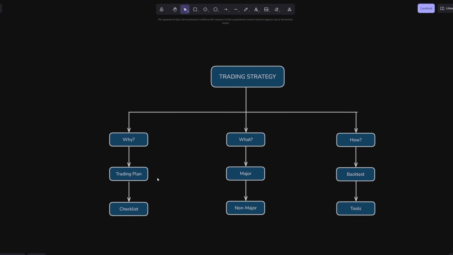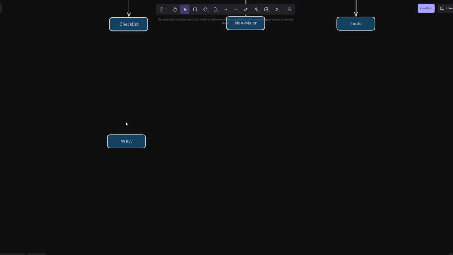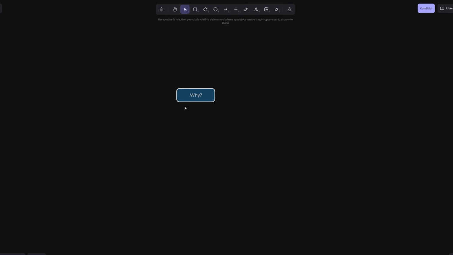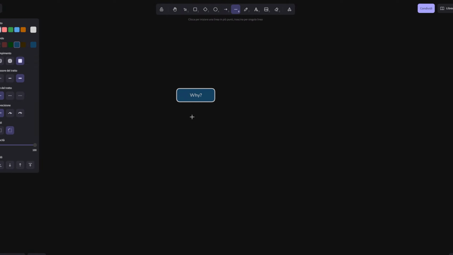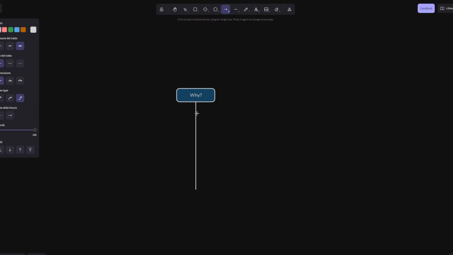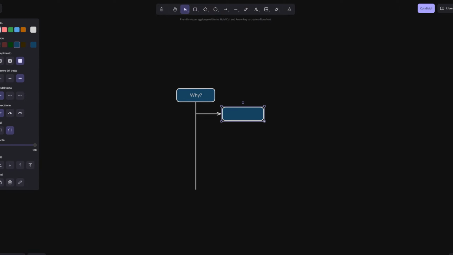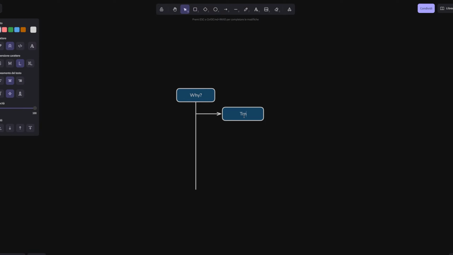So the first thing we will establish is the why. The why is one of the most important parts of this strategy, because it's the core principle that tells me how to trade in certain circumstances. So for example, one of my main concerns is the trend. It will be a trend following strategy.